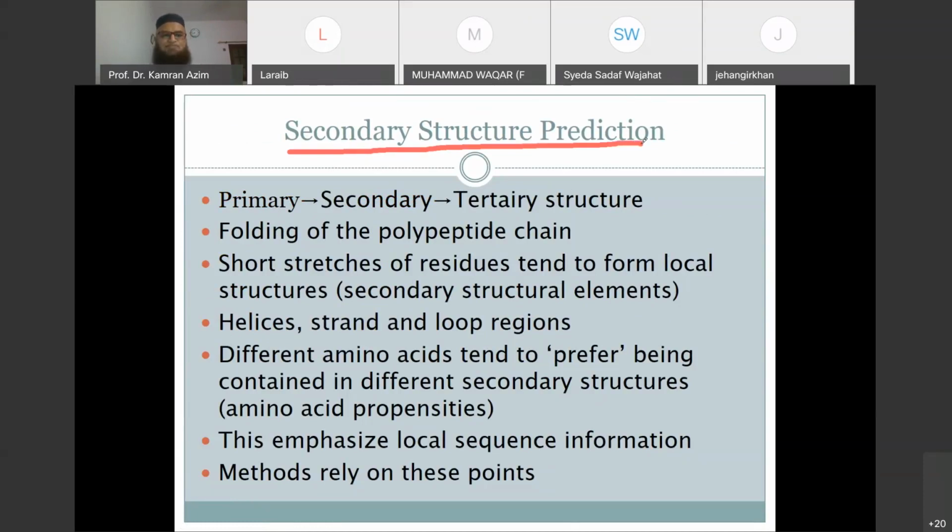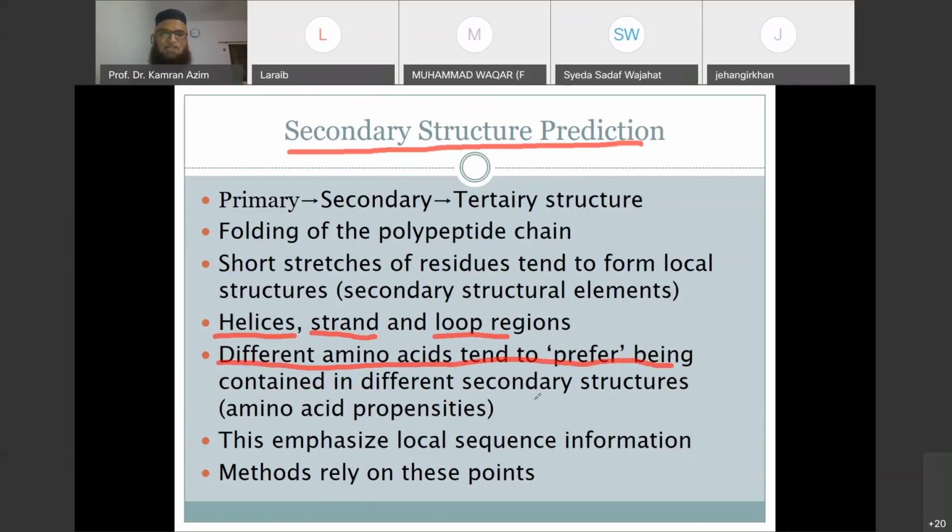The secondary structures are alpha helices, beta sheets or beta strands, and loop regions. Different amino acids tend to prefer being contained in different secondary structures.